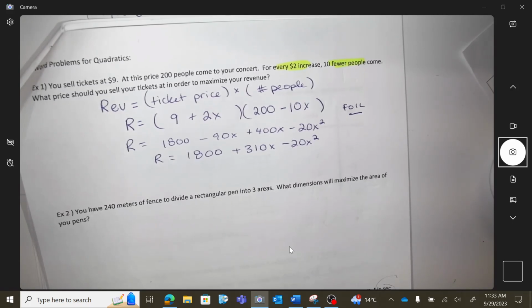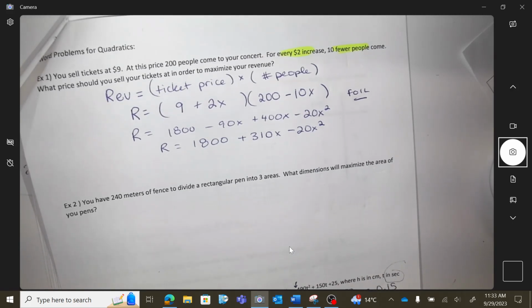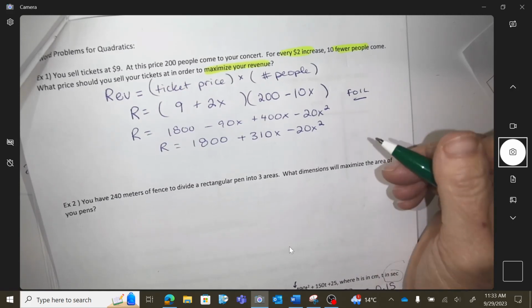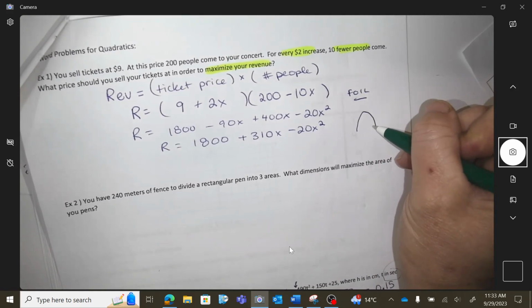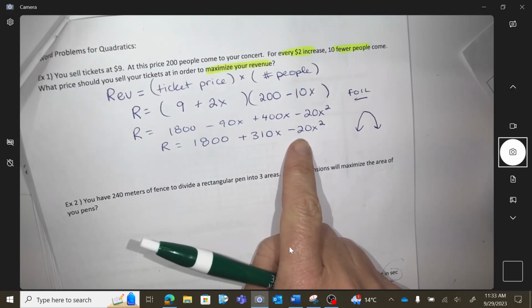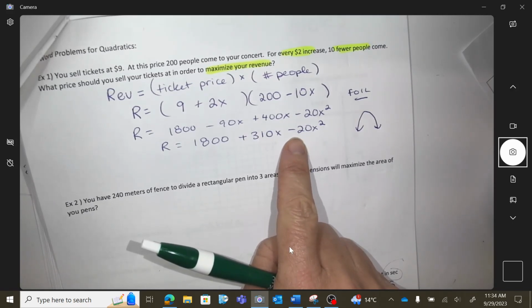So now we're into the exact same situation as question 3. We have an equation, and now we're trying to find a max revenue. So how do you find maxes? If we have a quadratic, this is a negative quadratic because it's a negative 20 is what I'm looking at.